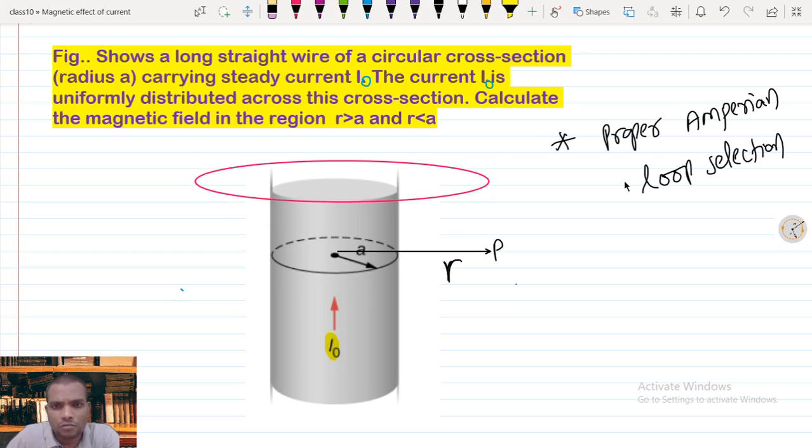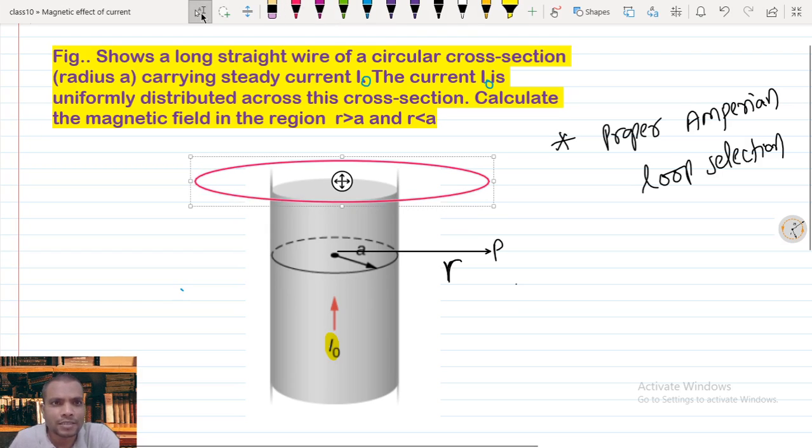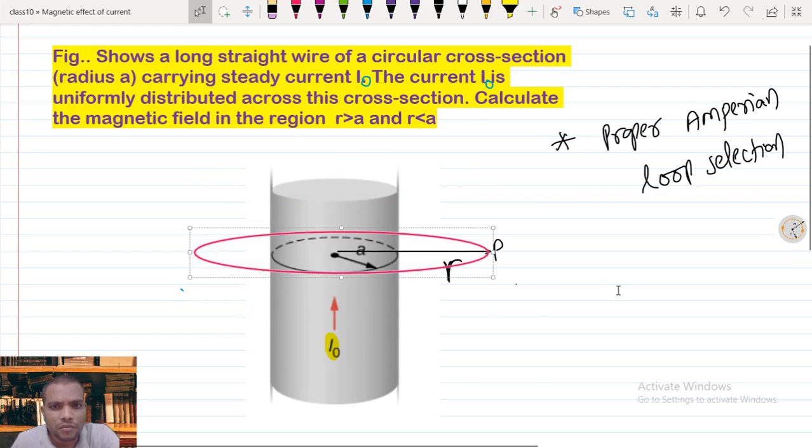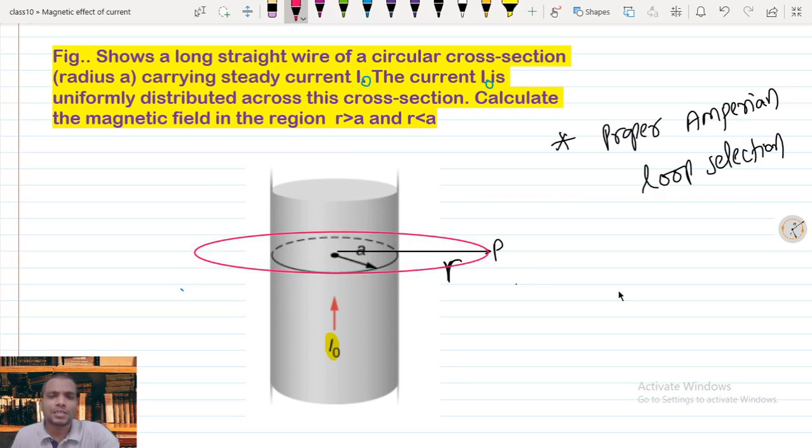Since the current is uniform, we get the formula easily, and it is easy to apply. This Amperian loop is fixed around the current carrying conductor, just like a ring fixed onto my pen. Now the Amperian loop radius equals r.